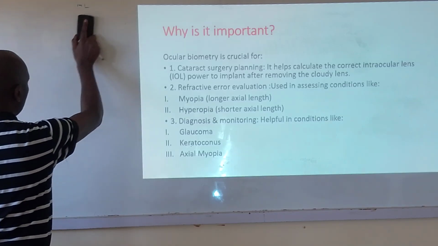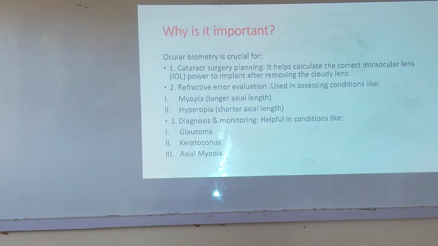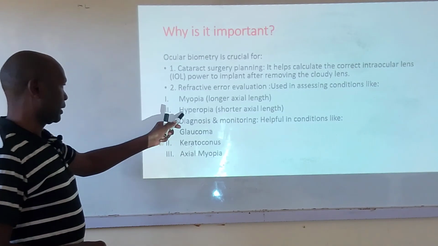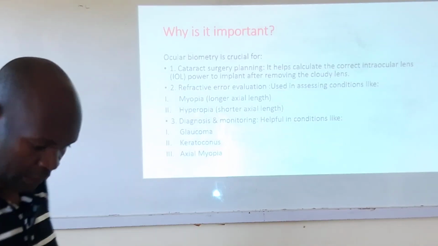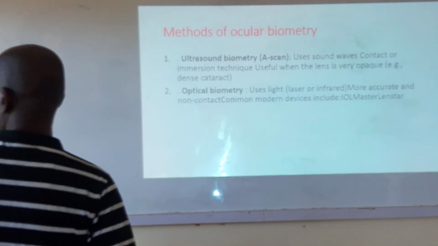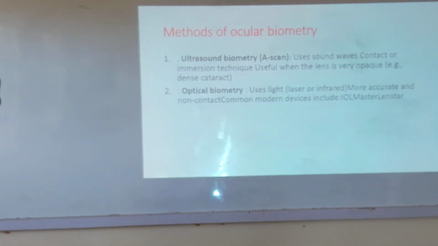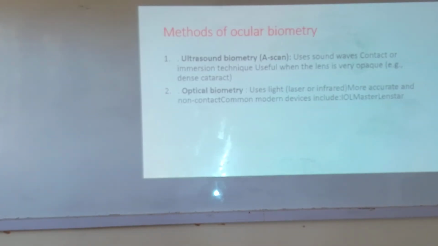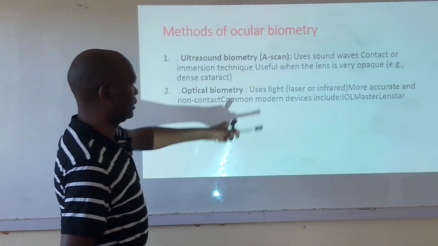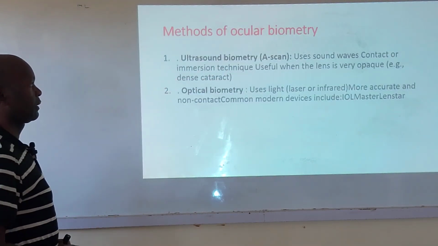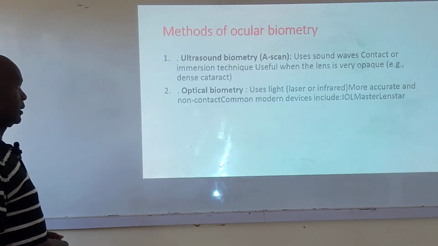So we shall see as we progress, particularly the issue to do with axial myopia and hyperopia. We shall see in the subsequent slides. There are two ways you can do ocular biometry. You can use an ultrasound biometry, which is known as the scan, and it uses the waves, just like an ultrasound.